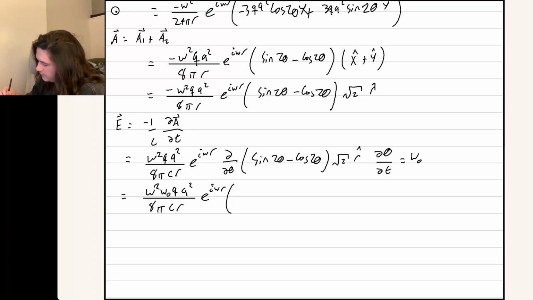And then that's going to be 2 cosine 2 theta plus 2 sine 2 theta, root 2 r hat.